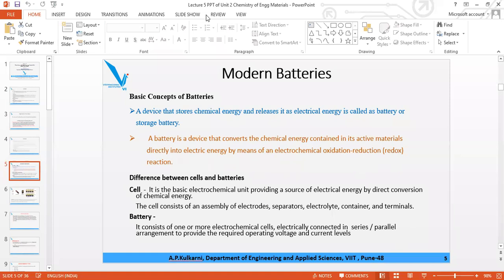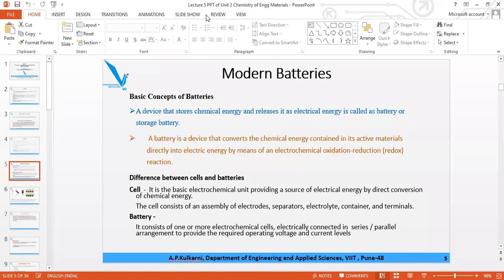The device which stores chemical energy in it, but which releases electrical energy, is called a battery. Now, what is the difference between cell and battery? A cell is an individual entity in which two electrodes are there, one anode and one cathode. At the anode, always oxidation takes place.